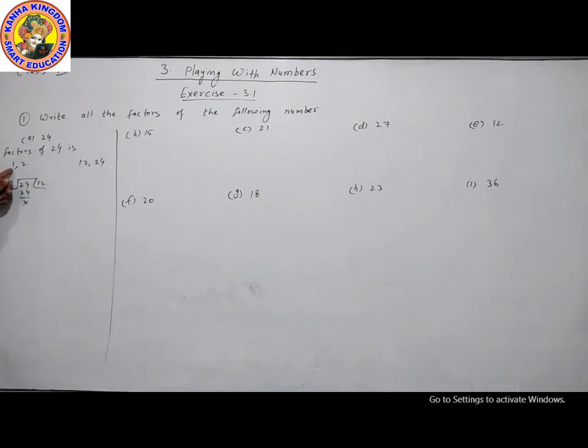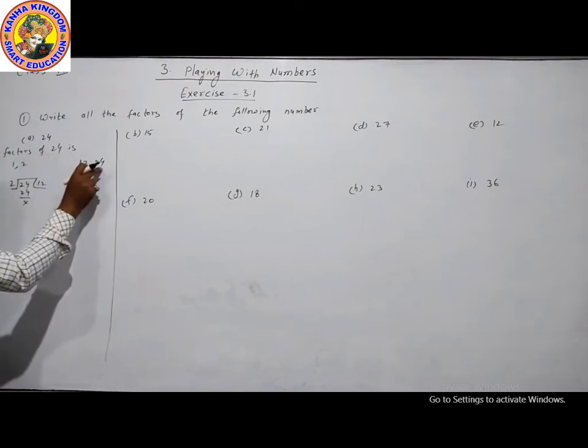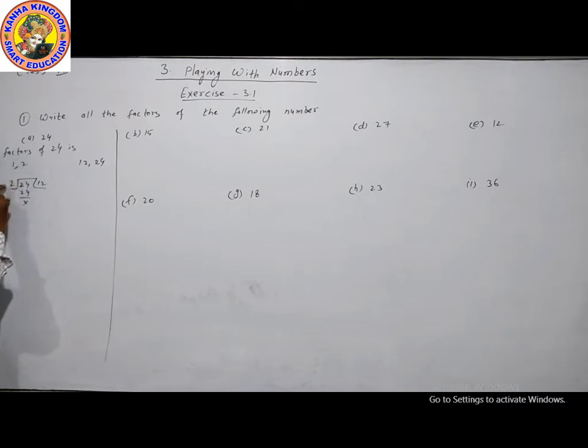So 1 and 24 are the factors of 24. When we divide by 2, it goes 12 times, so 12 is also a factor. Now by 3, it goes 8 times in 24. So 3 is a factor and 8 is also a factor.